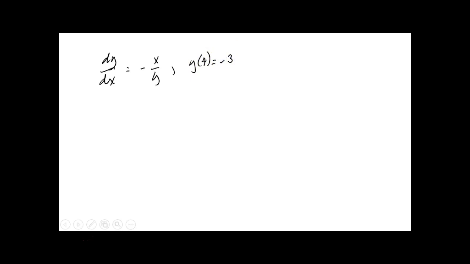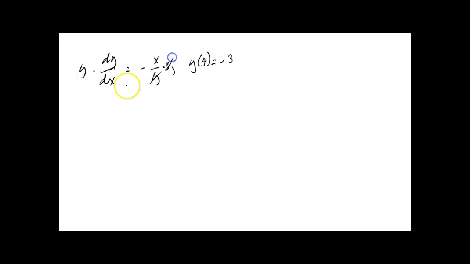Okay. Now, what would you do to solve this problem? Get everything on the same side. Okay, well, all like things on the same side. So how would you do that? You multiply both sides by y.